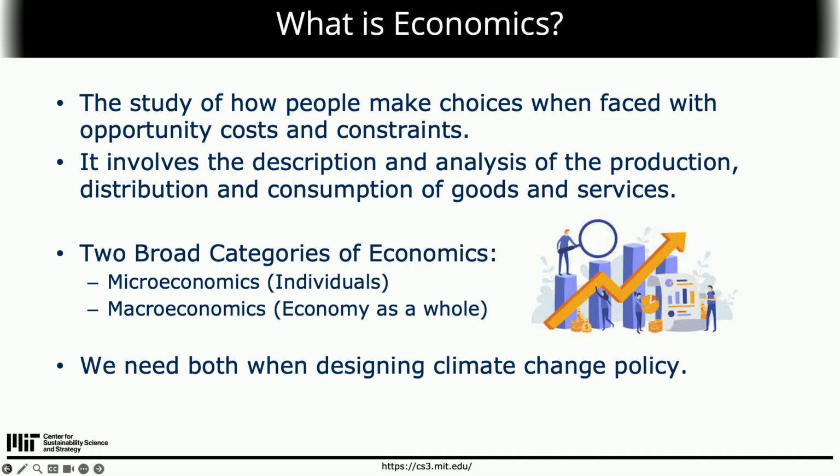When you hear about things like interest rates, a recession, or changes in the overall labour force, that is a macroeconomics perspective. So microeconomic decisions can affect the macroeconomy. And it's important to note when you're designing climate change policy, you need to consider both microeconomics, so individual decision making, as well as macroeconomics, so the impact on the overall economy.